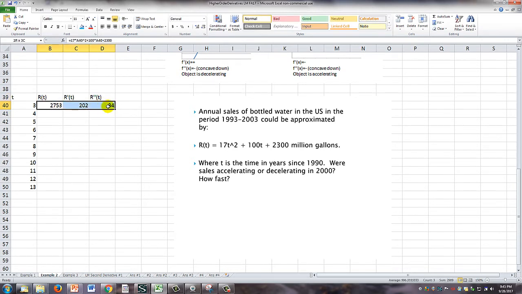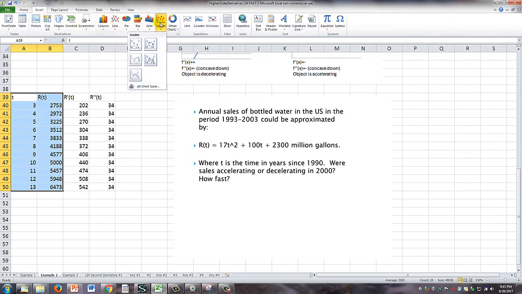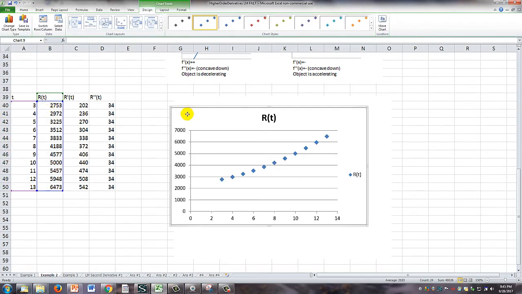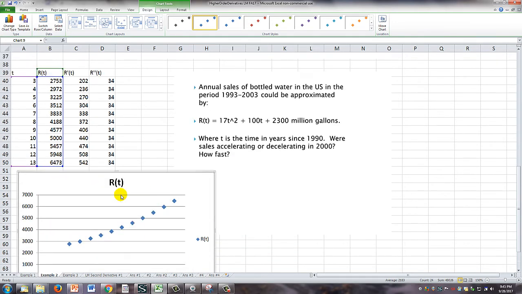Alright, just doing this in Excel so we can get it done quickly. I'll look at a graph. Again, you always graph the original, the given function, not the derivative or second derivative. And you can see that this function is an increasing function.